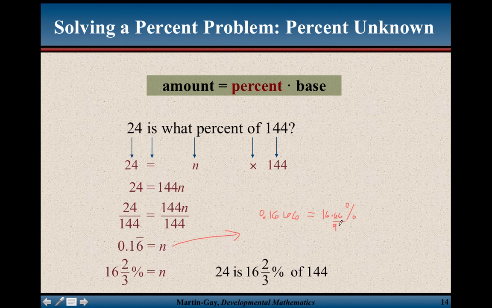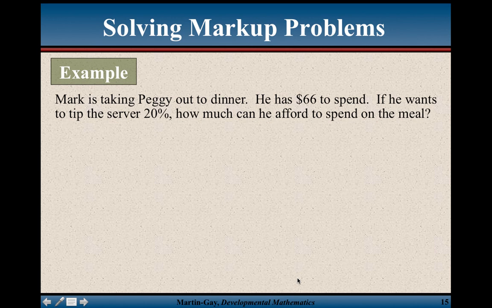Hindi siya 100 kasi repeating siya. Tapos, 66 over 99, yung simplest form niya is 2/3. That's why ang answer natin is 16 2/3% equals n. So 24 is 16 2/3% of 144.